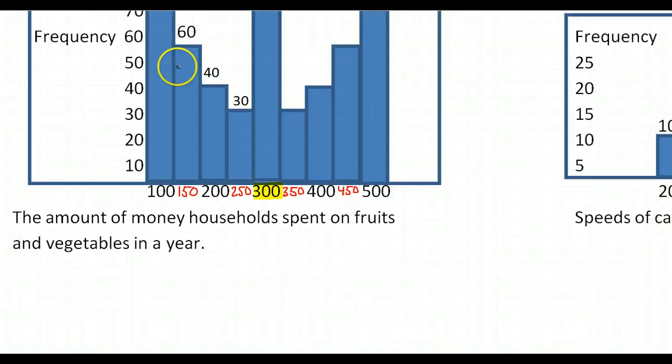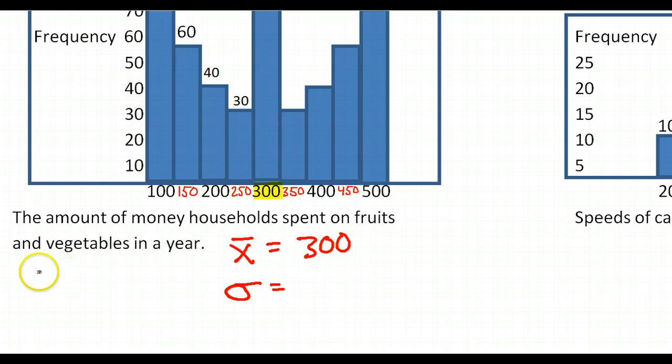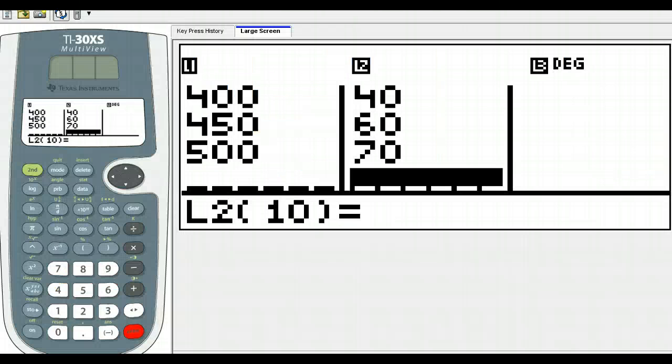So let's just write that down. Okay, so the mean, x bar, we already know that's 300. Now, all we need now is the standard deviation. This is the symbol for it. Let's head back to the calculator.